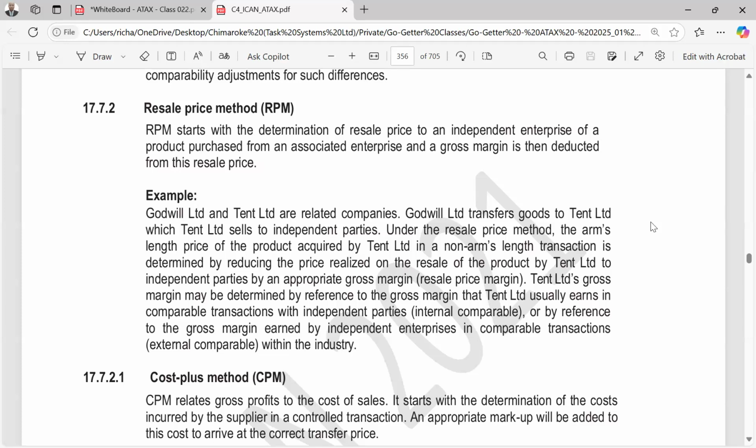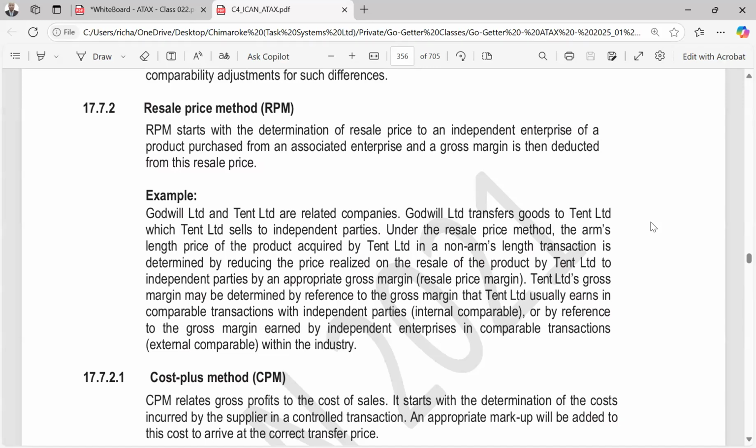Because you did it at a non-arm's length purchase, you bought it cheaper. You perhaps bought it at 600 or 500,000. And so you see, you acquire something non-arm's length and you are selling it at arm's length. And so your gross profit margin, it says here that it will reduce the price realized on the resale of the product by an appropriate gross margin.